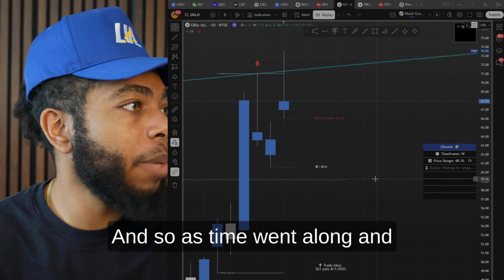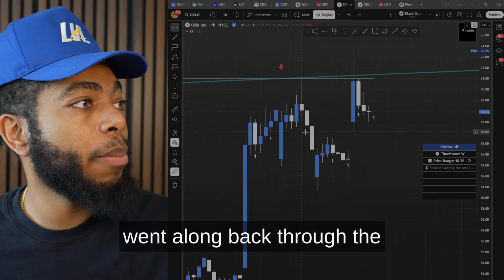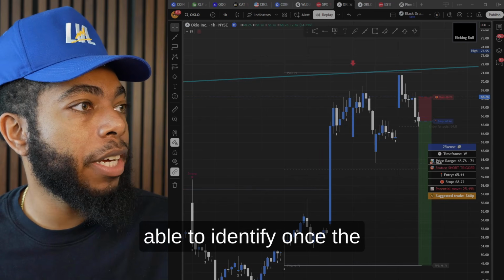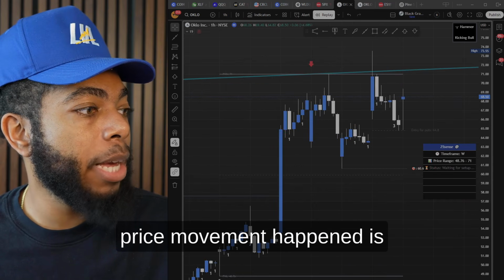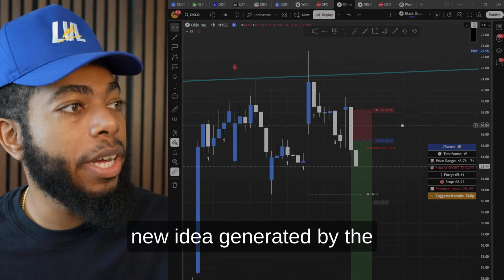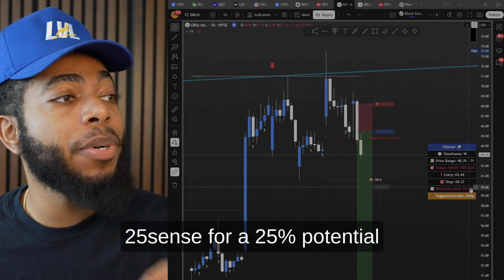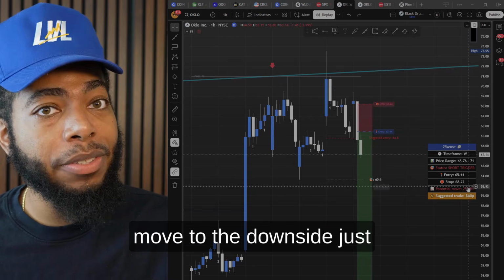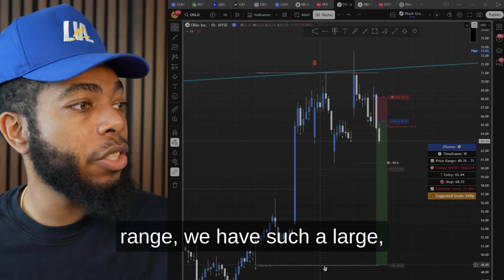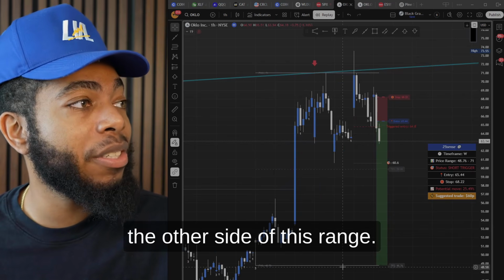And so as time went along, as price went back through the defined range of this previous week, what we were able to identify once the price movement happened is that we had an entry and a new idea generated at 25 cents for a 25% potential move to the downside, just using this setup. Because as we trade back through the range, we have a super far away target on the other side of this range.